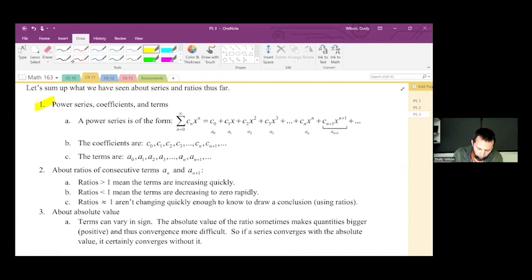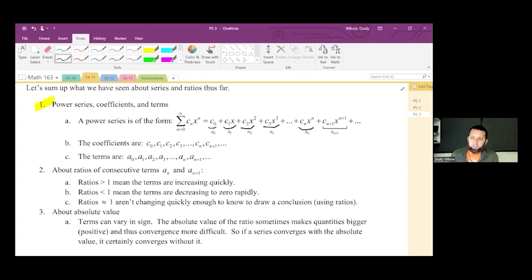And I want to give a little bit of vocab here. We call this c_0 the whole thing a_0. c_1 x, that's our a_1. c_2 x squared, that's our a_2. c_3 x cubed, that's our a_3. c_n x to the n, that's our a_n. c_(n+1) x to the n plus 1, that's our a_(n+1).